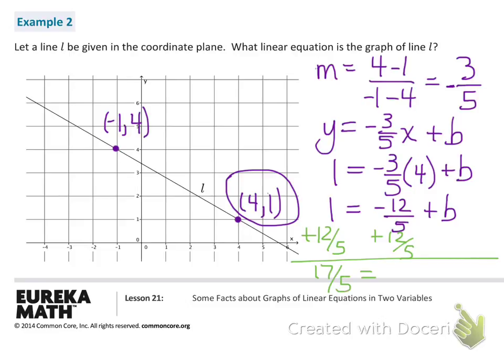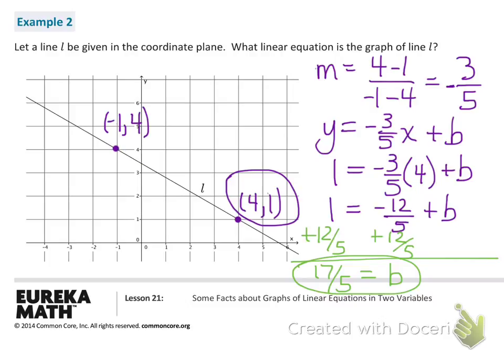And then on the other side of the equation, I just have b. So b is equal to 17/5. Okay, so 17/5 is 3 2/5. That makes sense with our graph. 3 2/5 right there, a little less than 3 1/2.